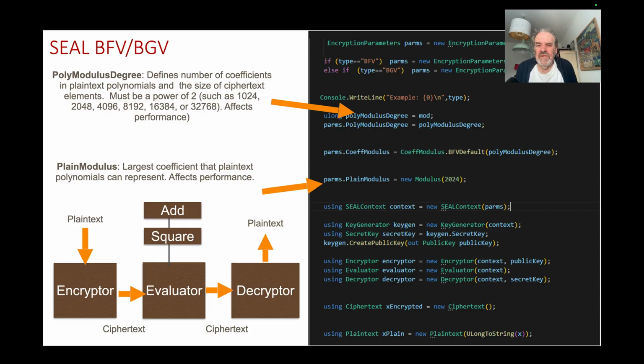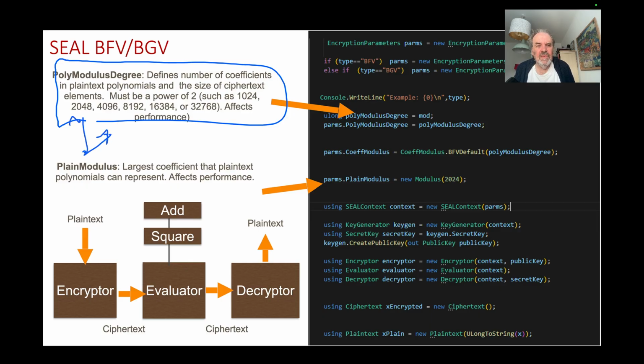So the main parameters, and I appreciate this may look a little bit confusing at the current time for you, but it at least outlines some of the core parameters that we actually use. So with this, we have what's called the polynomial modulus degree, and that's basically the number of axes that we have inside our lattice. The more of these that we have, the better the accuracy will be, because we can represent more bits in the lattice.